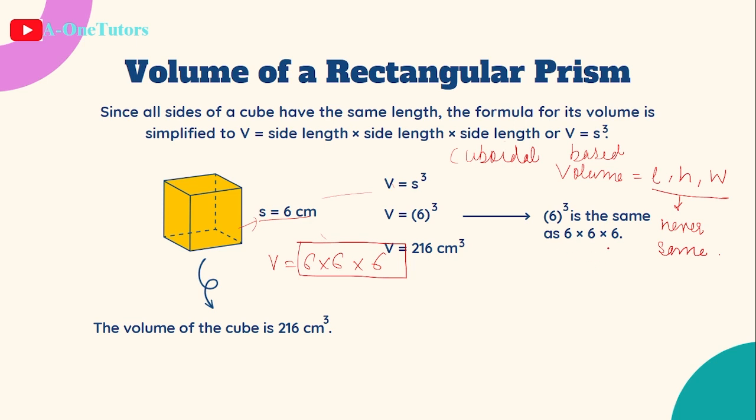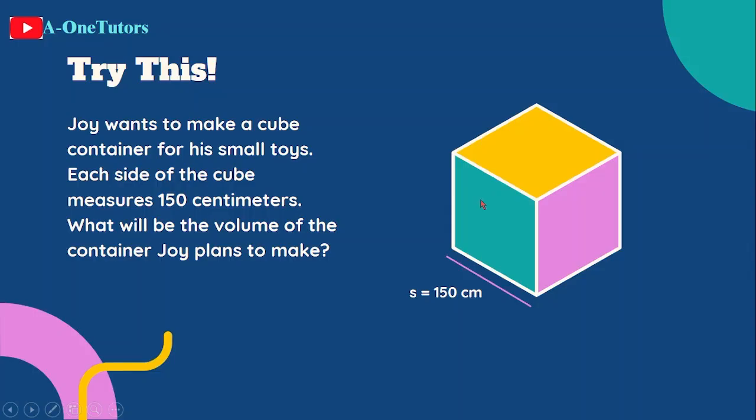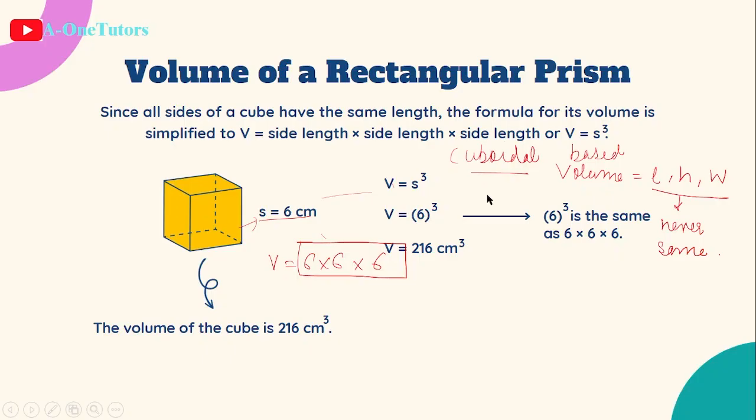That's why there is a difference between the cuboid and the cube-based rectangular prism. Again, there is a formula to be mentioned, inputting of the values, and then a final answer with the right statement depicting what you found.